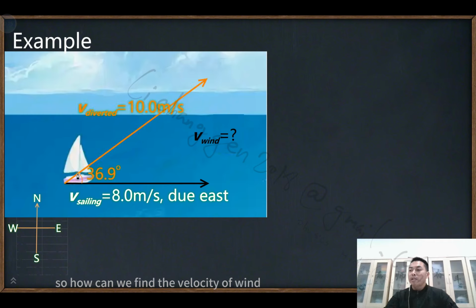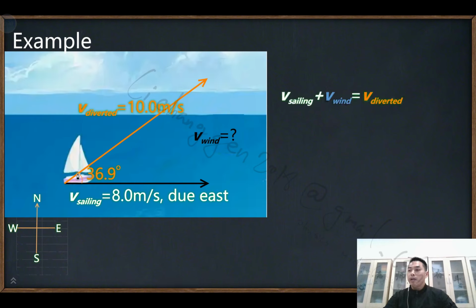So how can we find the velocity of the wind? To solve this question, first we need to know the relationship between these velocities. We can easily find that the diverted velocity is just the resultant velocity of the boat itself and the wind. So we can say that v diverted equals v sailing plus v wind.